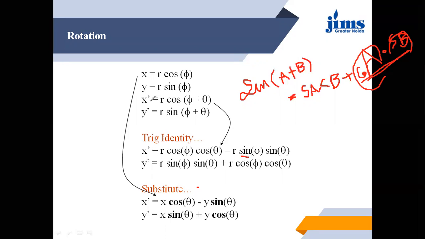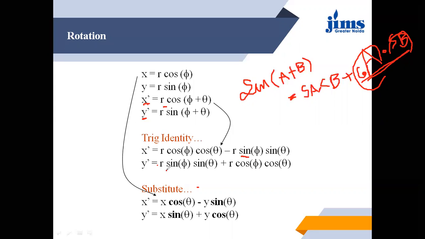So from here, first we will check y dash, because we saw the formula for sine. So y dash equals r sine phi. There is something wrong in this.